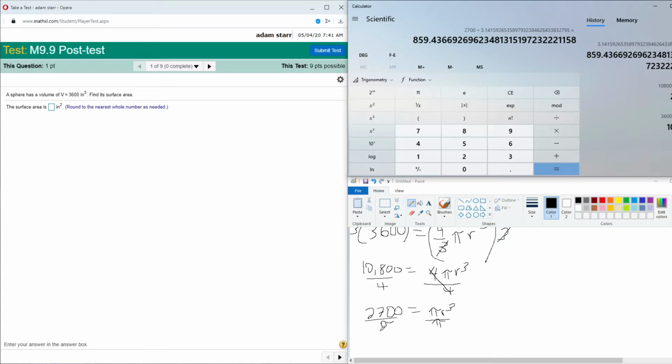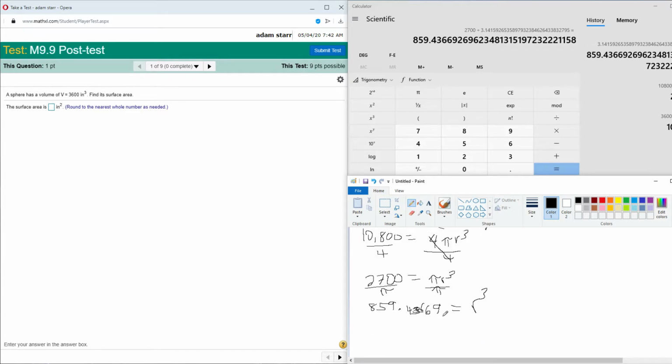So I'm going to write 859.43669. I went 1, 2, 3, 4, 5, so 5 decimal places is what I went to. That equals my r cubed.